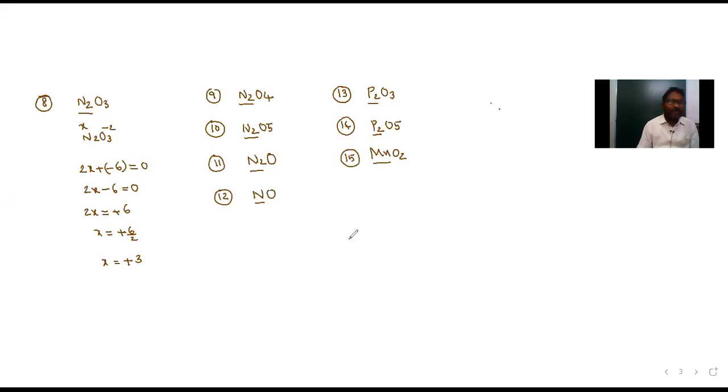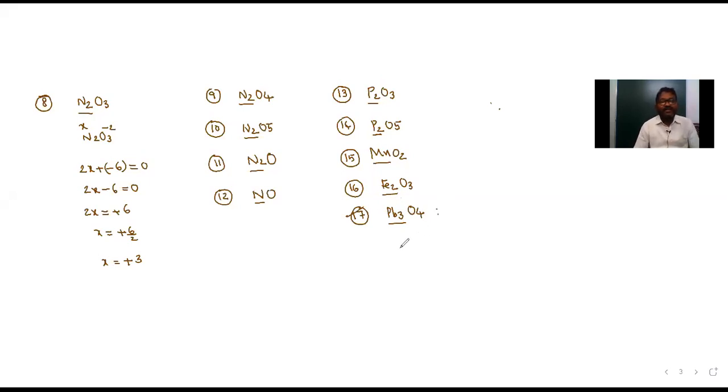In MnO2, I want for manganese. In Fe2O3, I want for iron. Pb3O4, I want for lead.